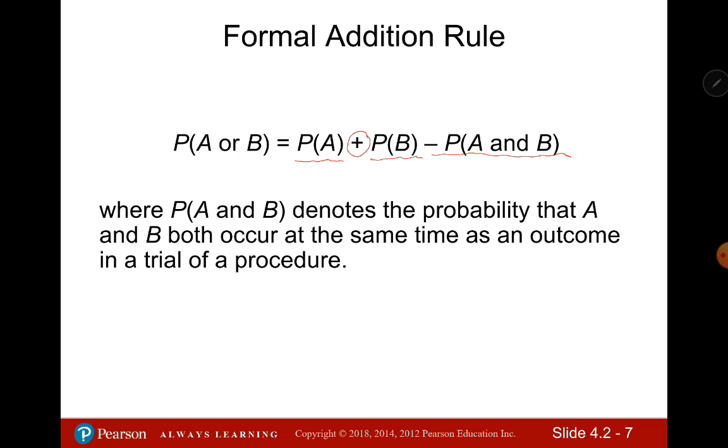Both A and B means A and B both happen at the same time as an outcome in a trial.